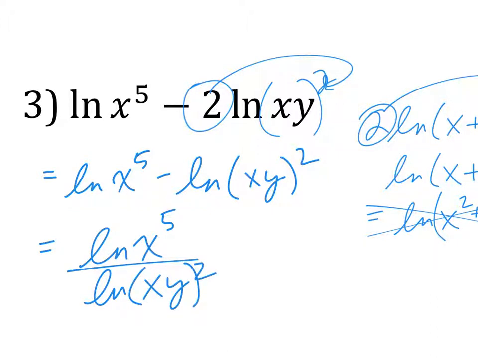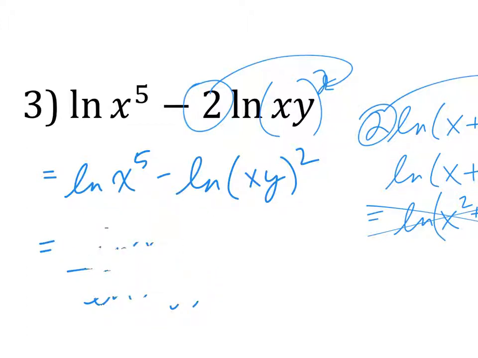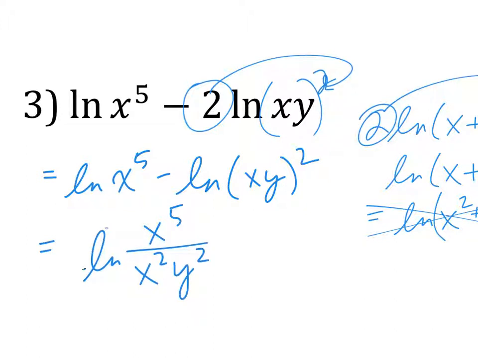Okay? That is wrong. It's not another log in the denominator. You're combining it into one log. So we cannot do that. Natural log x to the 5th over x y squared. X squared, y squared, and then we just want to simplify that. Natural log x cubed over y squared.